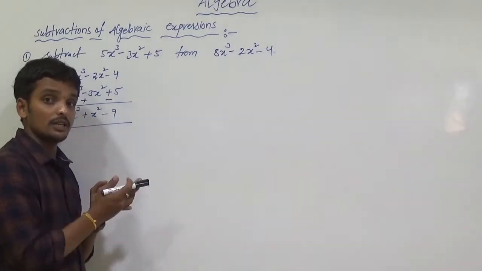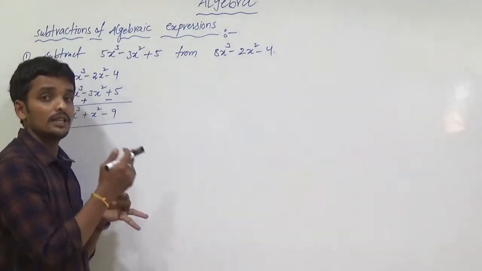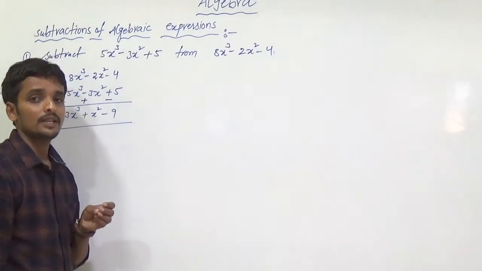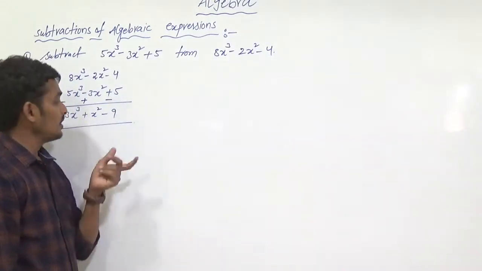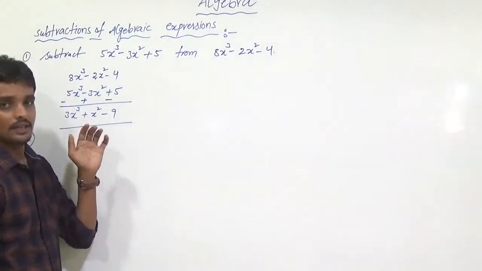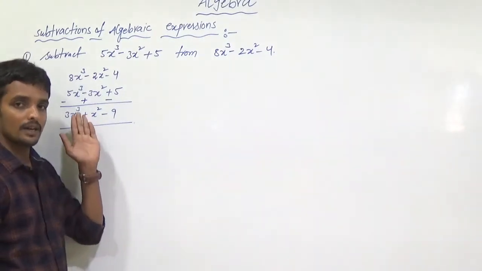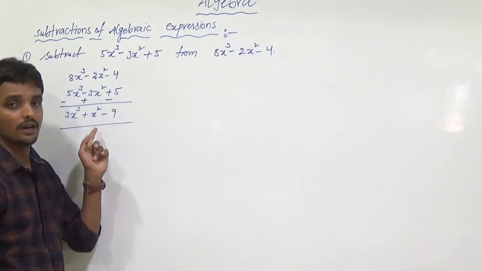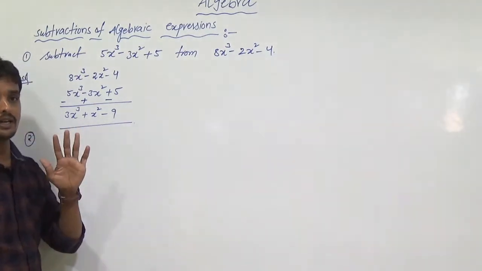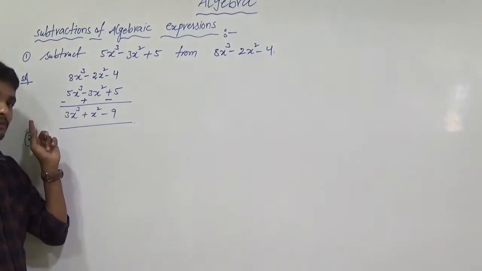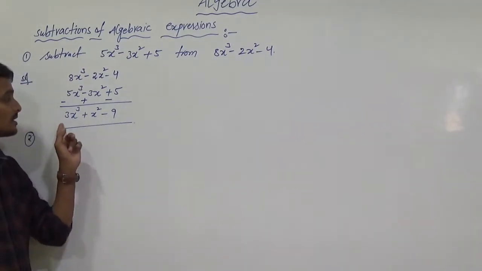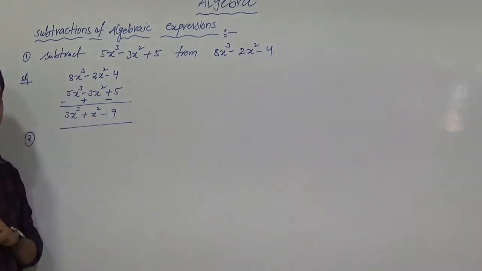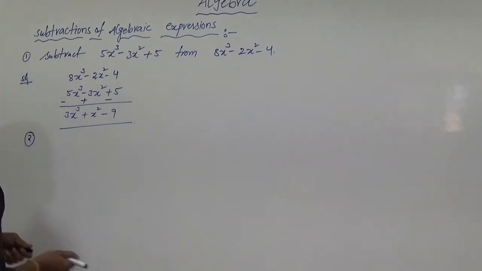If the variable is equal and the exponents are also equal, then they are like terms. If you observe here, x and x is the variable, the powers are 3 and 2, they are not equal, so 3x cube and x square are unlike terms. We cannot add unlike terms, that's why I am leaving it as it is, 3x cube plus x square.